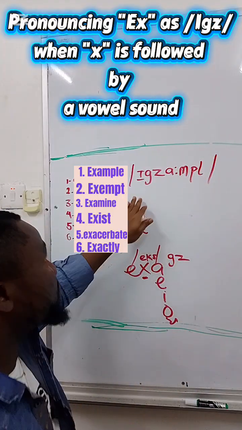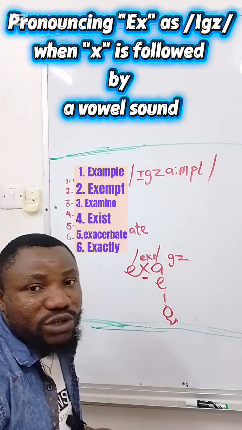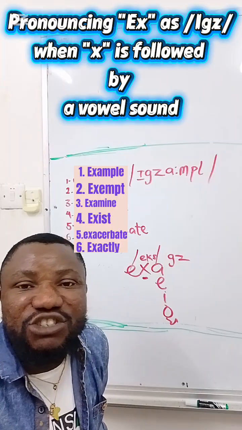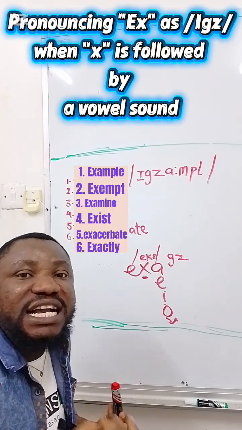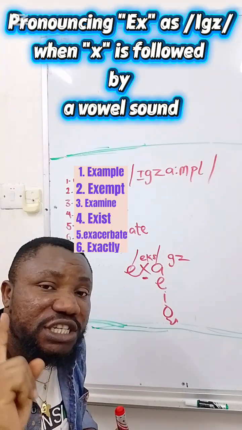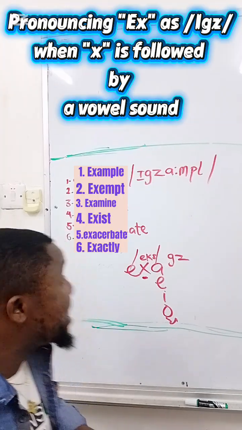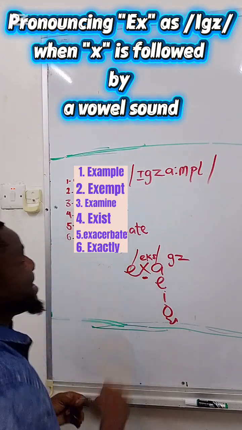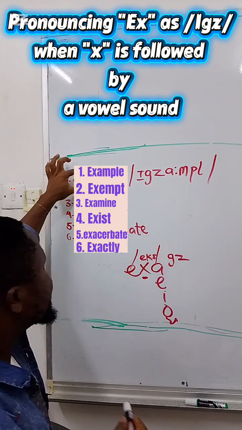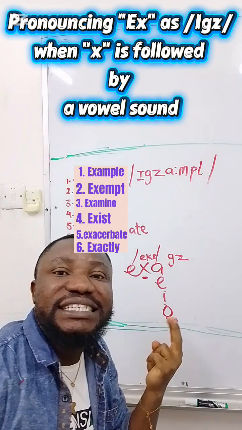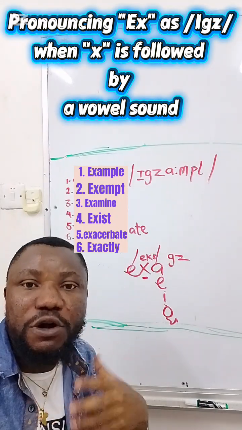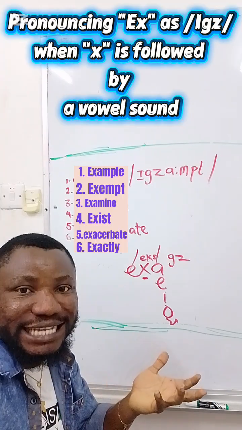So the right way to pronounce this word is example and not as x. This is actually very important for English teachers, students, or candidates preparing to take exams. The sound here is giz. This X alone is pronounced as giz. Example, not example.